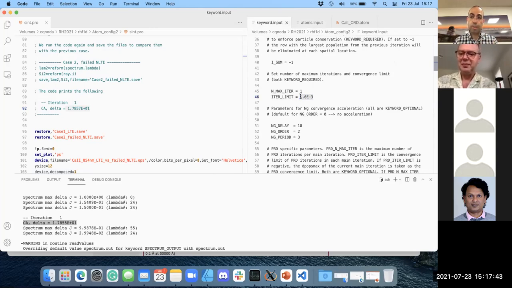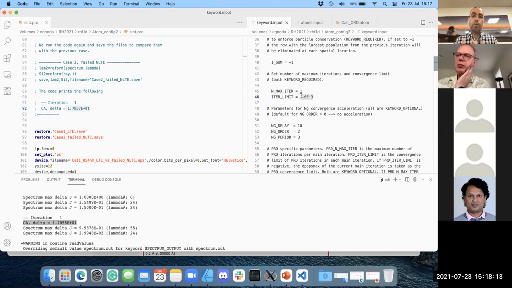So what I'm trying to say here is that you have to put iterations, but if you put only a few, the code will just run for the number of iterations that you are providing here, but it may be a solution that is not close to the one that you want to achieve. So in other words, it's not solving the non-LTE problem with a high accuracy between the statistical equilibrium equations and the radiative transfer equation.